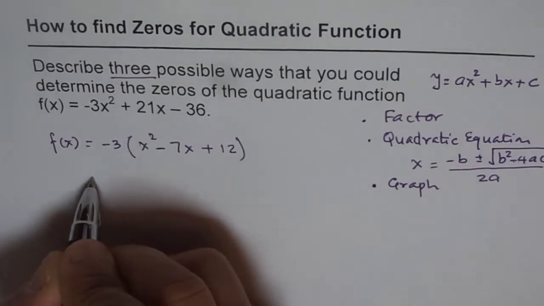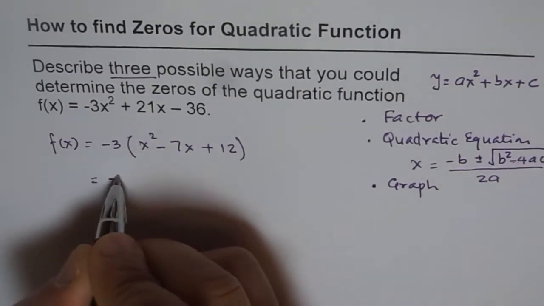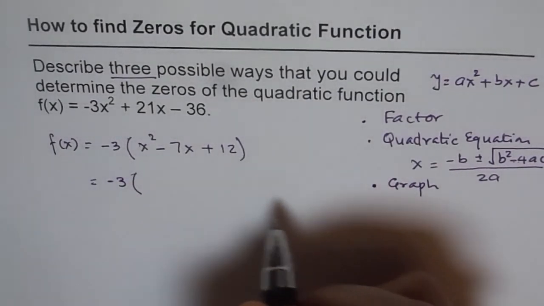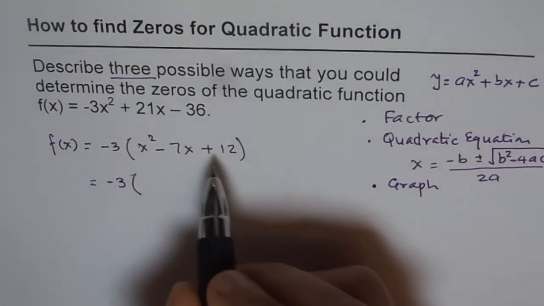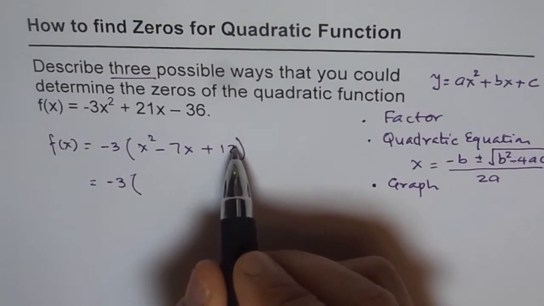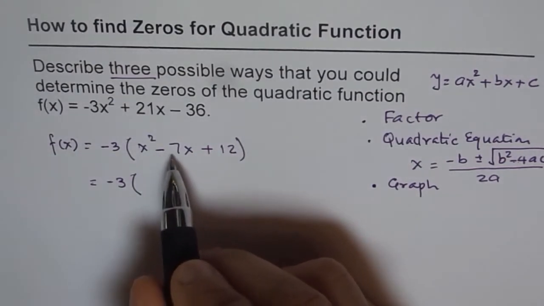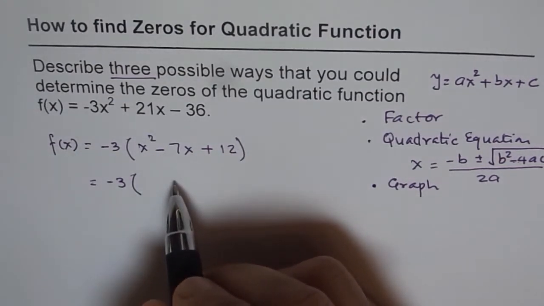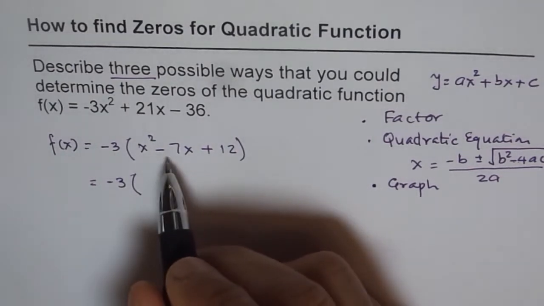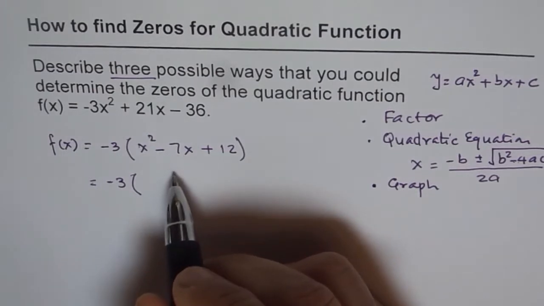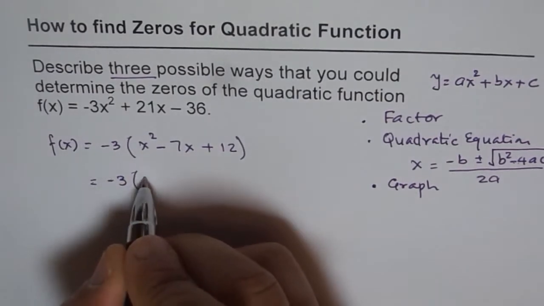In this case, can we factor it? Let's try that. Factoring probably is the best and fastest way of getting a solution. We are looking for two terms whose product is 12 and whose sum is minus 7. That could be 3 times 4, which is 12, and both negative when combined give us minus 7. So we do get a solution here.